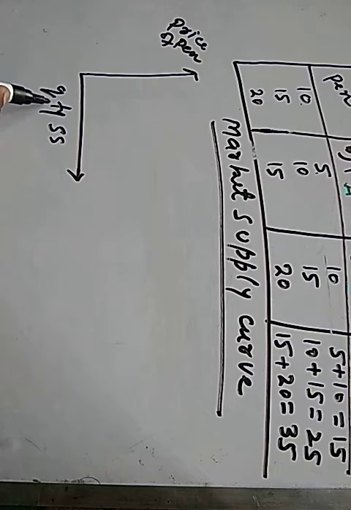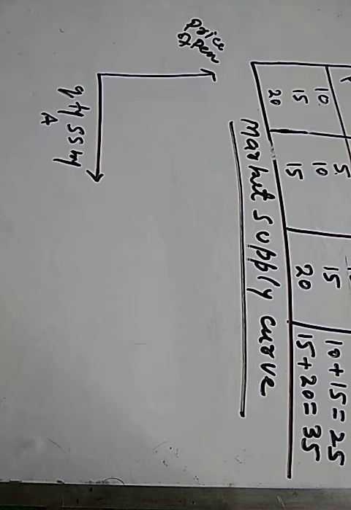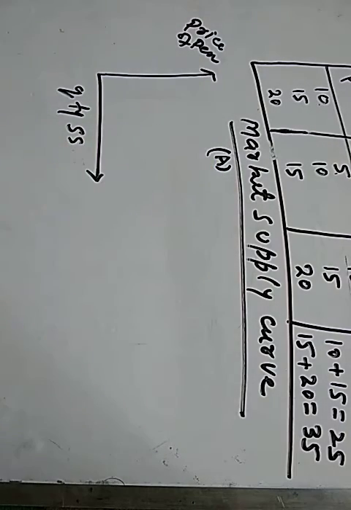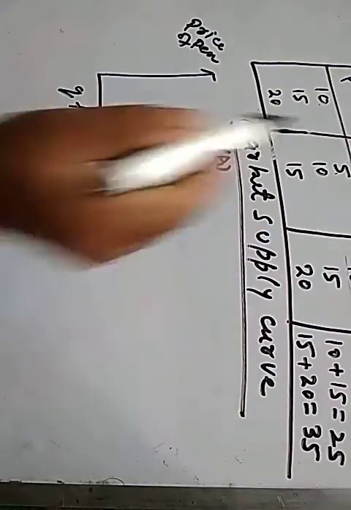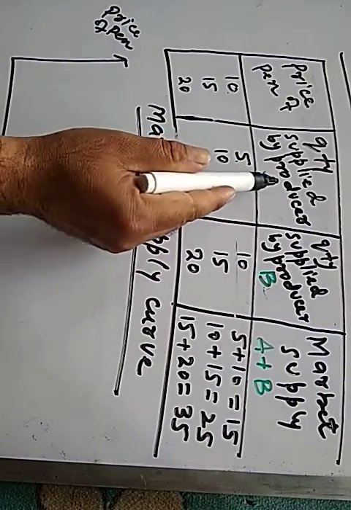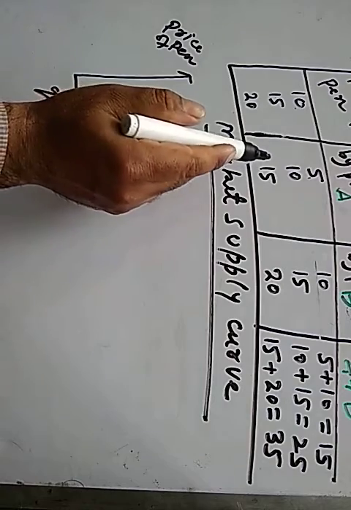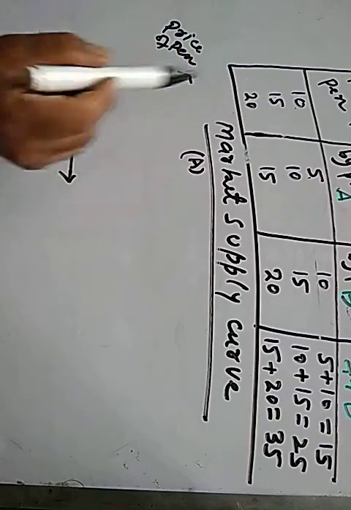QTY means quantity and SS means supplied, by producer A. Here A means quantity supplied by producer A or by firm A. And the prices are 10, 15 and 20.